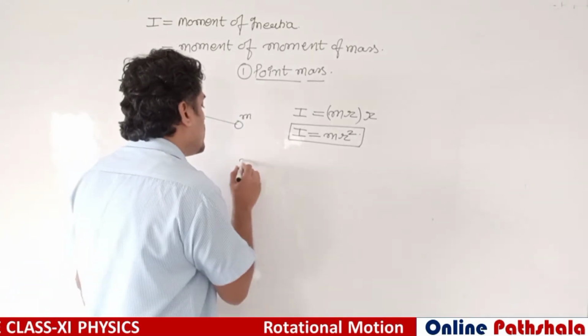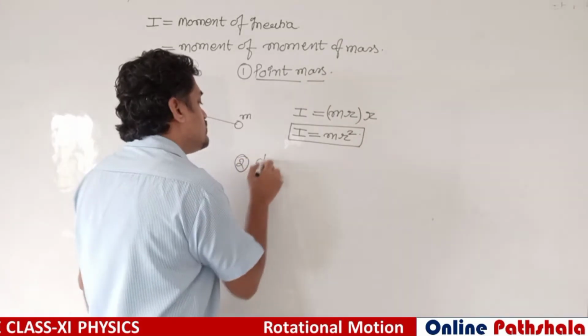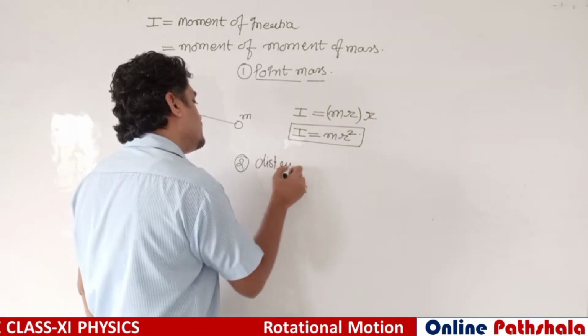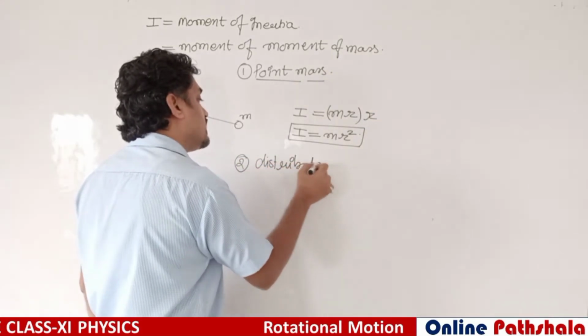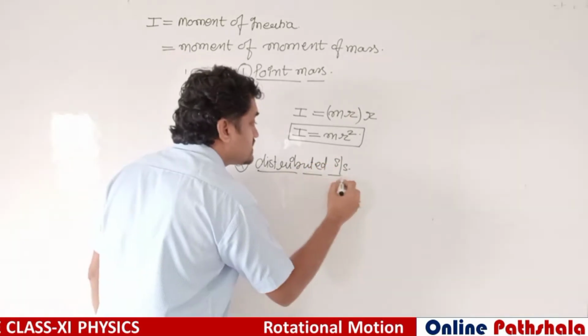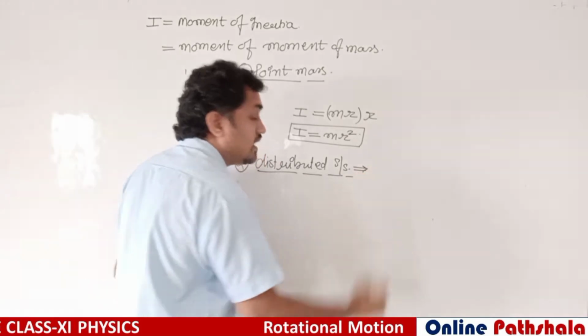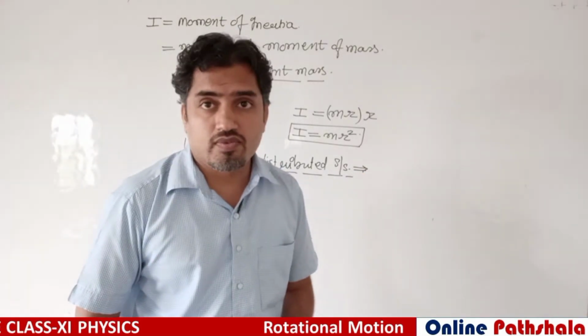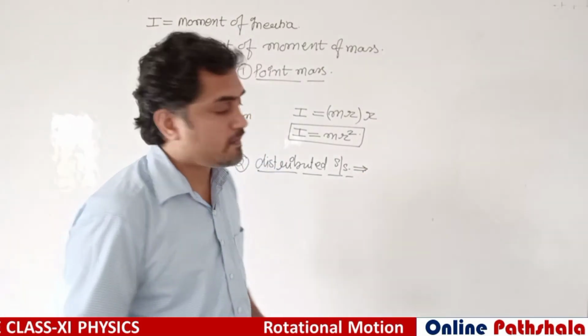Now if you talk about the distributed system, what is the meaning of distributed system? First we have to understand, it is a combination of point masses.